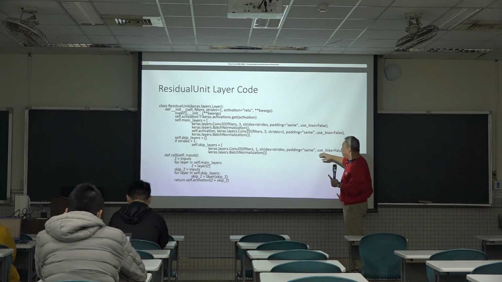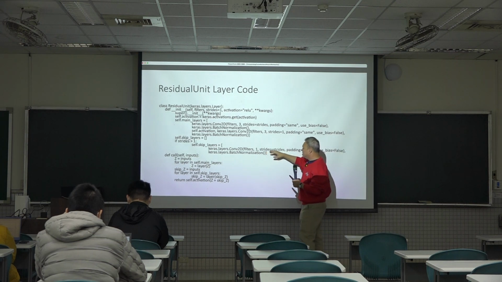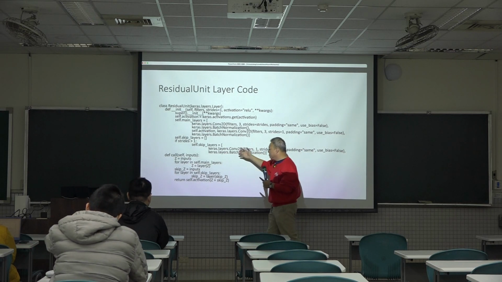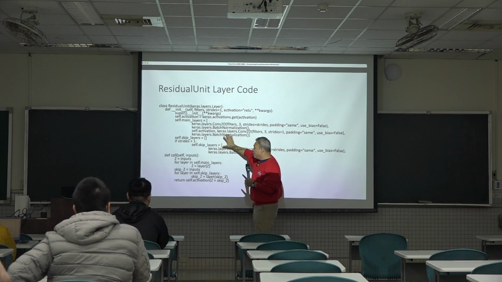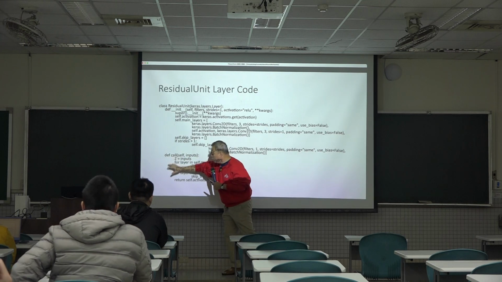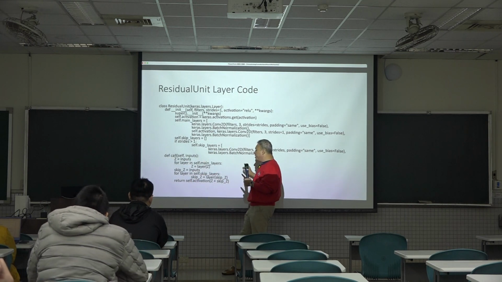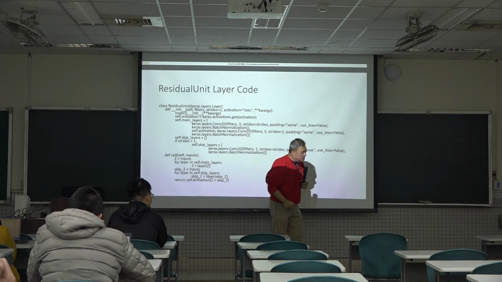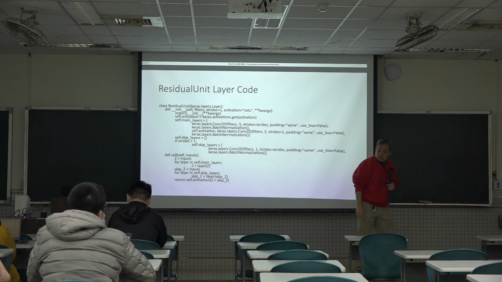Okay, so you see the stride is one filter. So there is nothing much to talk about here. And in the core, this is where we determine how these layers are connected.